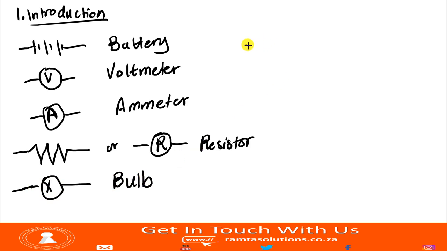Then we also had this one here. What was this? This was a switch, with this one here being a closed switch and this one being an open switch. So these are the things that you used to see in the lower grades. And of course, as we proceed in this video, you're also going to see some of these things.